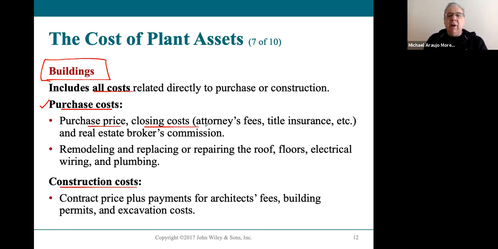It's going to be a legal process in order for you to take title and for that to be recorded in the registry of deeds as you being the legal owner. That costs money with attorney's fees, title insurance, other types of things. And of course, if you're buying a building, that person is usually represented by a broker, and so you're going to be paying a broker's commission. All of that is part of the purchase price of the building as well.